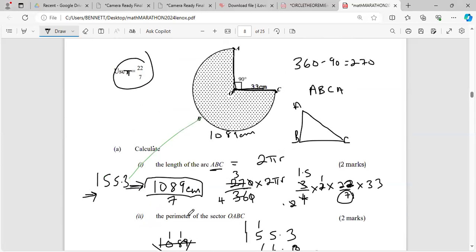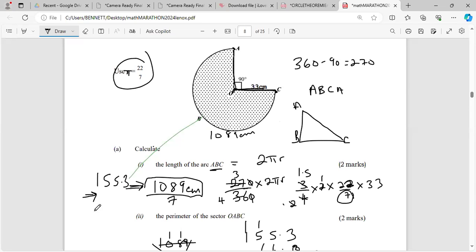Sir, my calculator is telling me 155.571. Let me check my one again. 155.571. Yeah, that's true. 155.57. That's what I get. Let me punch it again. 1087. Oh, 1089 divided by 7. 155.57.